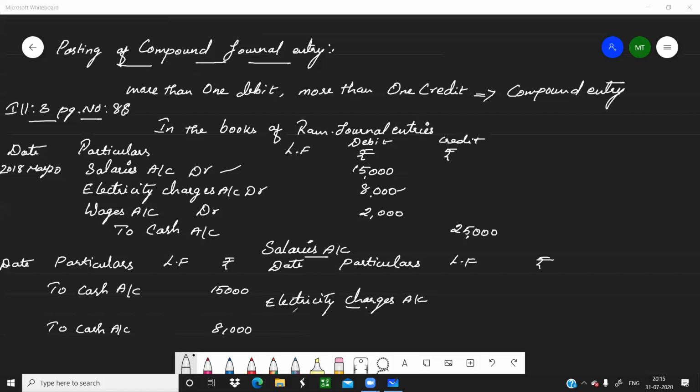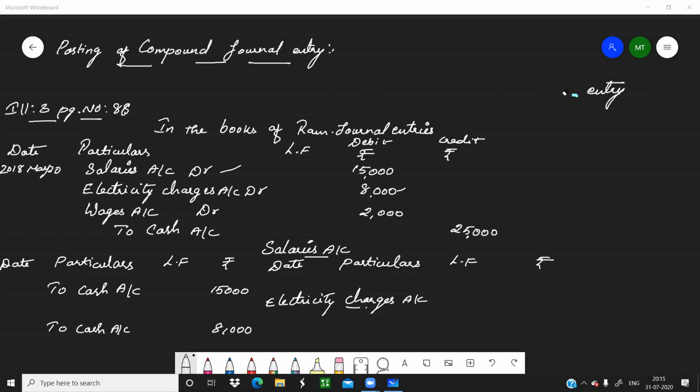Wages account. So next one is the wages account ledger.